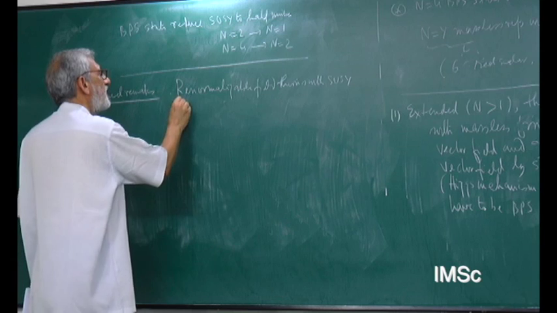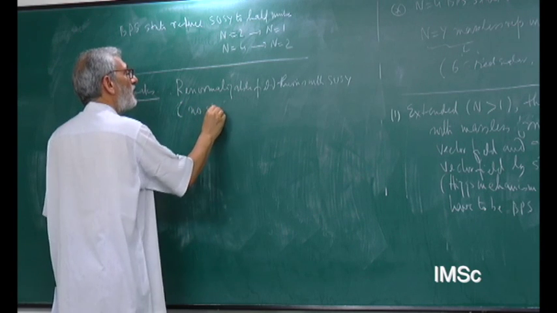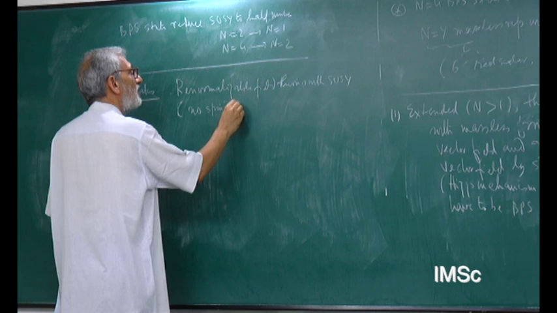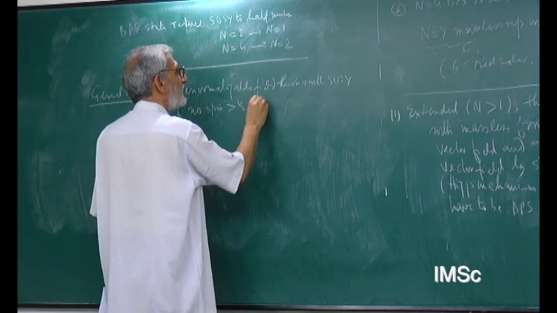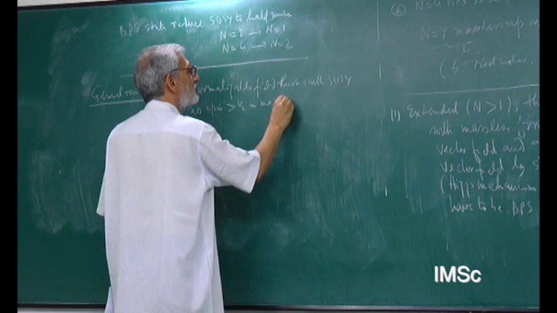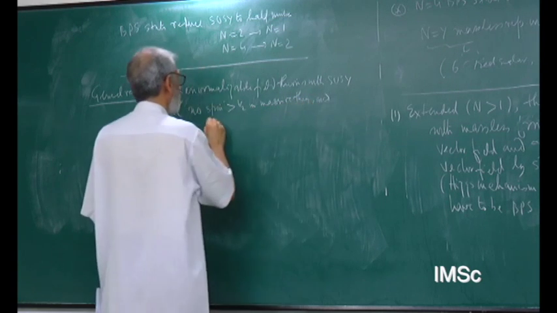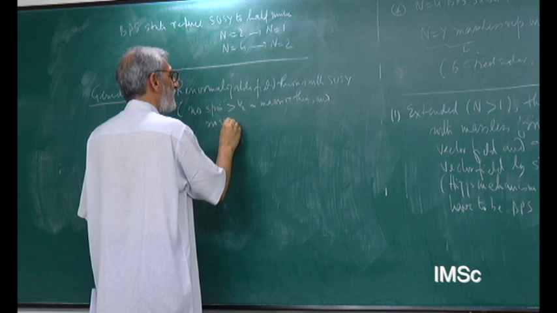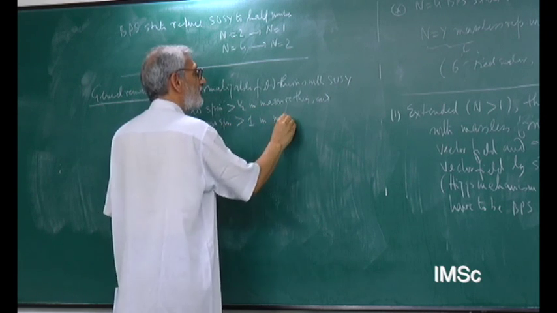What does that mean? It means that no spin greater than half in massive theories and no spin greater than 1 in massless theories.